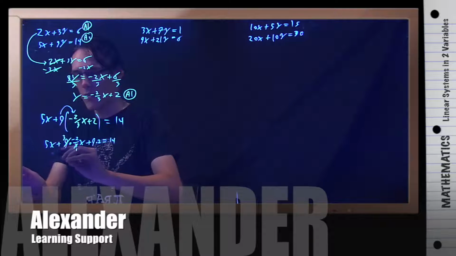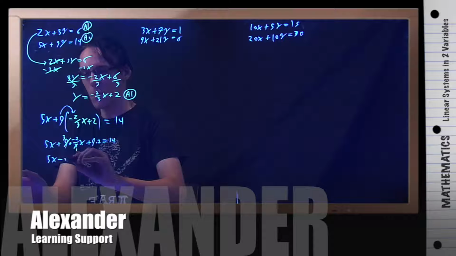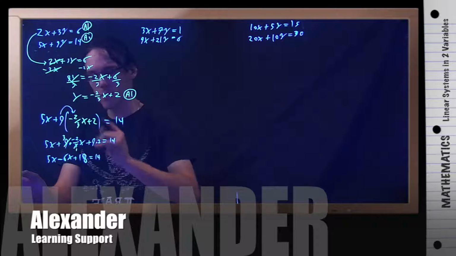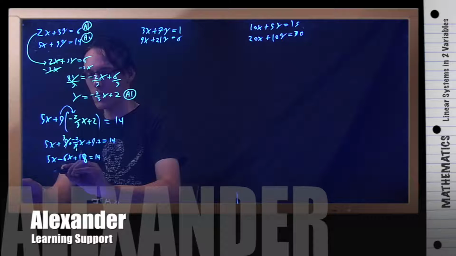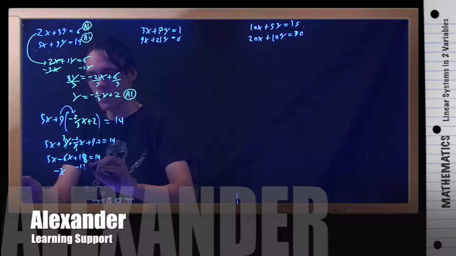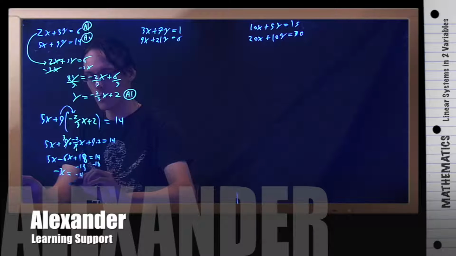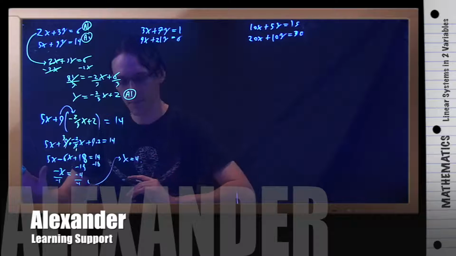So I have 5x, 3 times negative 2, minus 6x plus 18 is equal to 14. So I need to solve for x. Let me combine like terms. 5x minus 6x is minus 1x. And let me move the 18 over by subtracting it. So I have minus x is equal to negative 4, which means, of course, if I divide both sides by negative 1, that I get x is equal to 4.